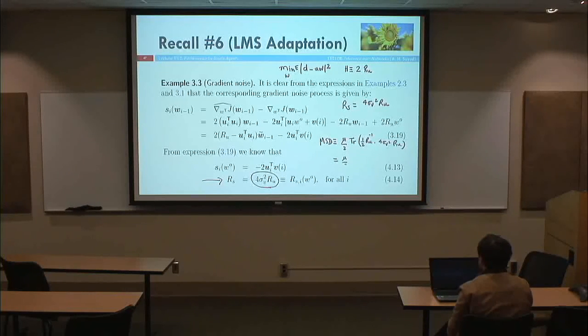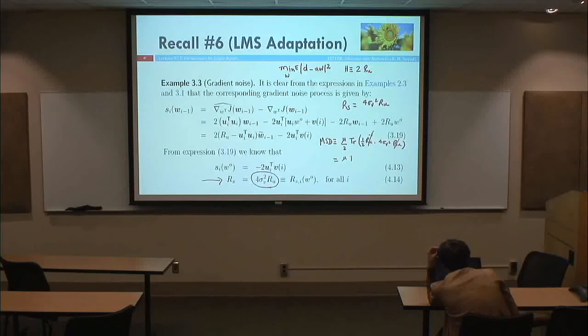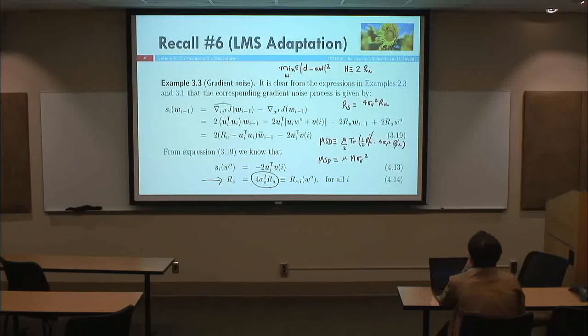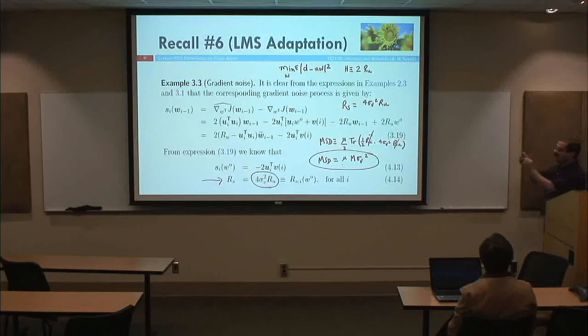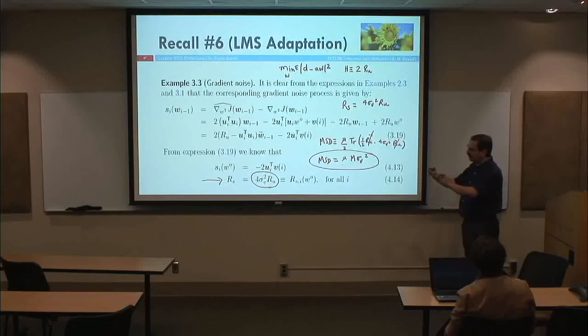Mu over 2, this R_U inverse cancels that R_U, 4 over 2 is 2, so remove this 2, and you get the trace of M sigma_v squared. This is exactly the expression we derived in 210A for LMS. The only difference is that there was a mu over 2 there. It's just because here when we write the update equation for the algorithm, we are using 2 mu instead of mu, that's all. But this is exactly the expression.